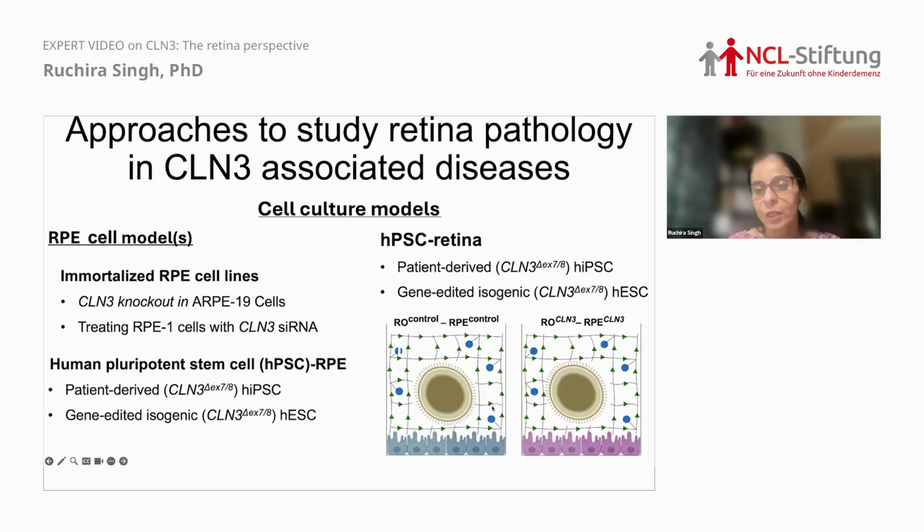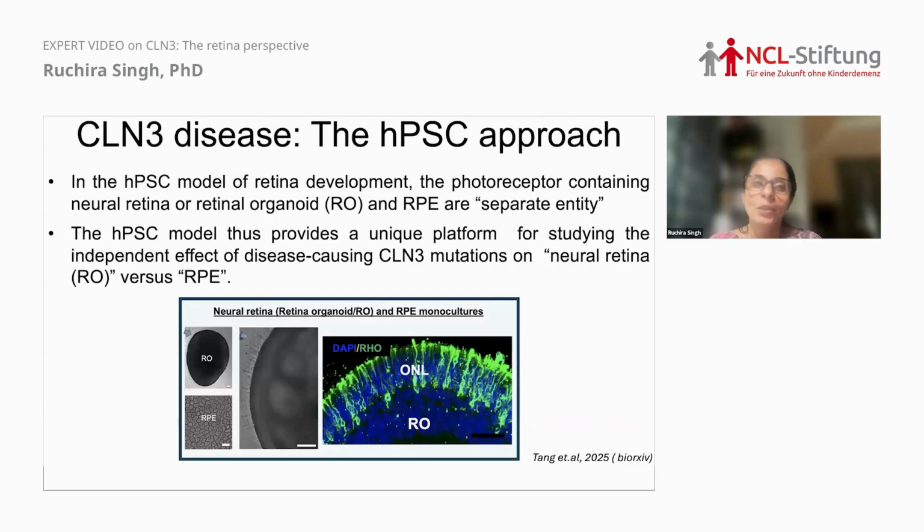What I'm trying to show here, and I will go into this in the next few slides, is that this approach allows you to have normal retina and normal RPE, and mutant retina with the mutant RPE. So this is basically a comprehensive human retina cell model of the disease. And I'm going to go more into how this is developed.